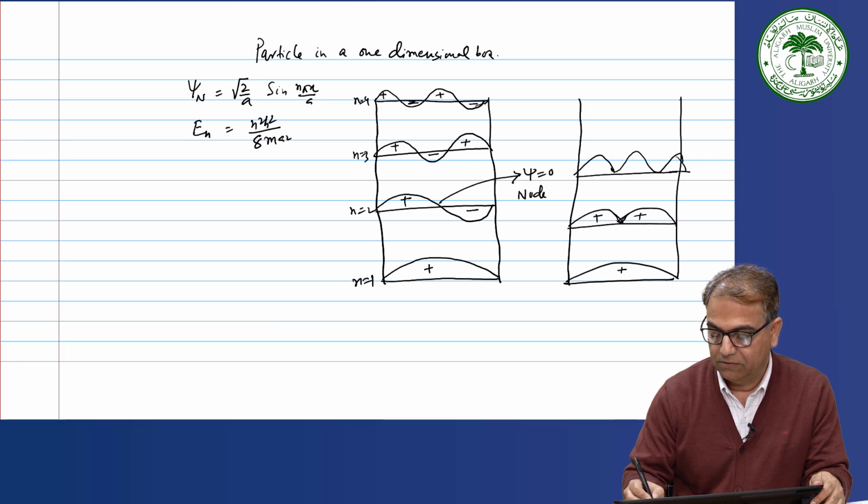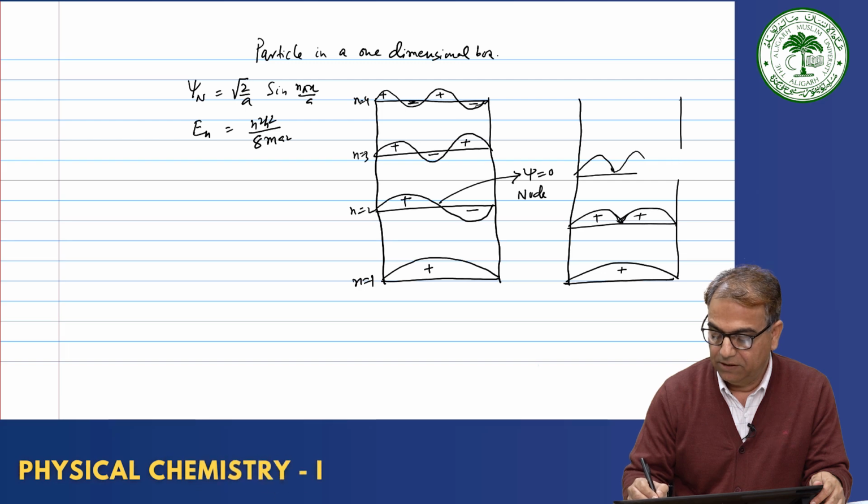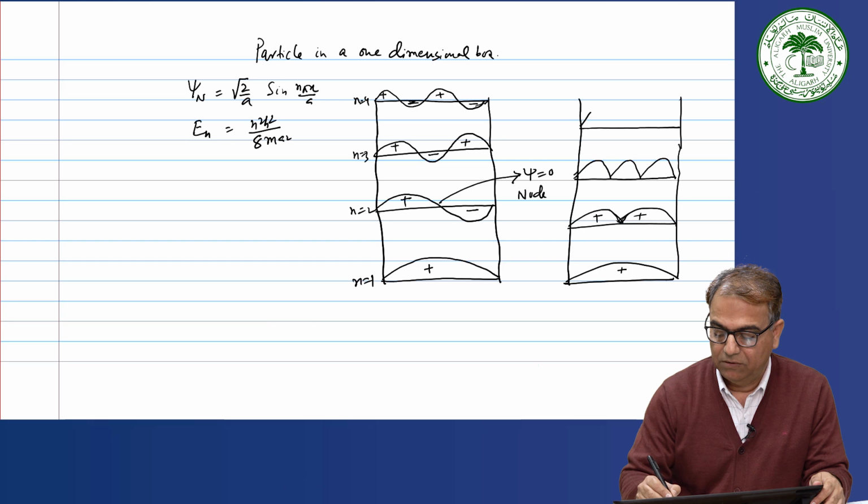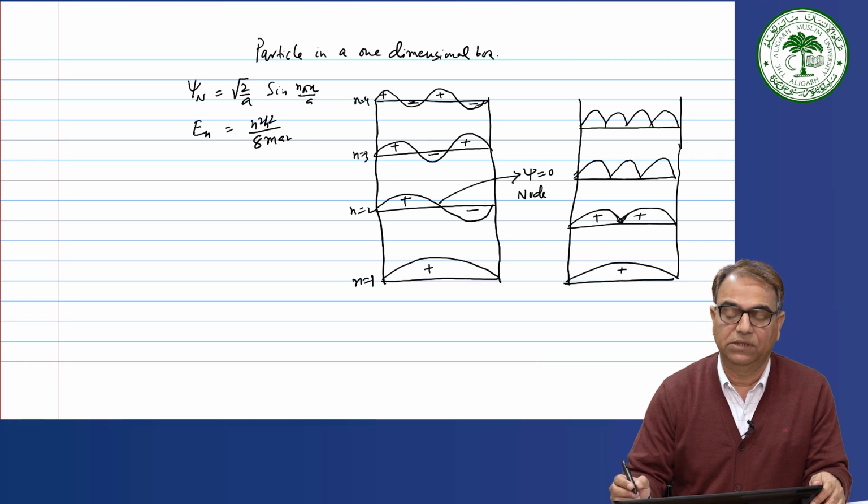Like this one. Sorry, it has gone. Let me make it a little more clear. Like this one. Same way you can plot for the fourth quantum state also, where all is positive sign. So this is the plot of psi square.